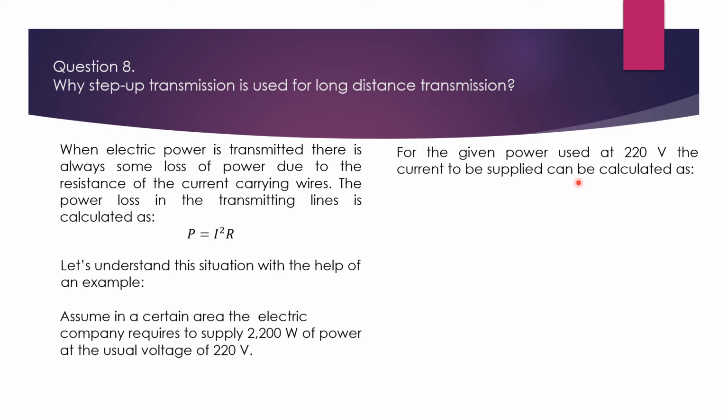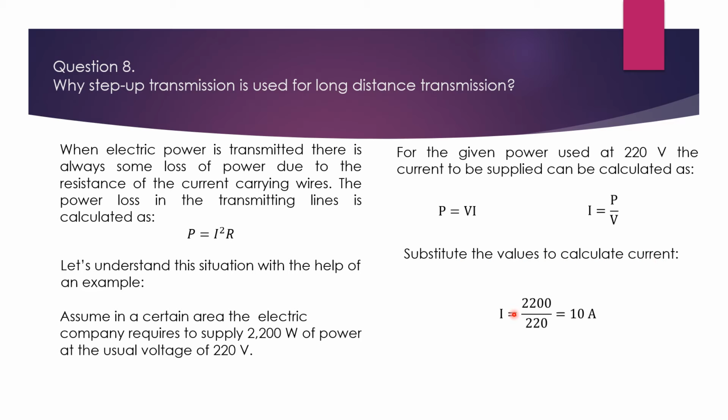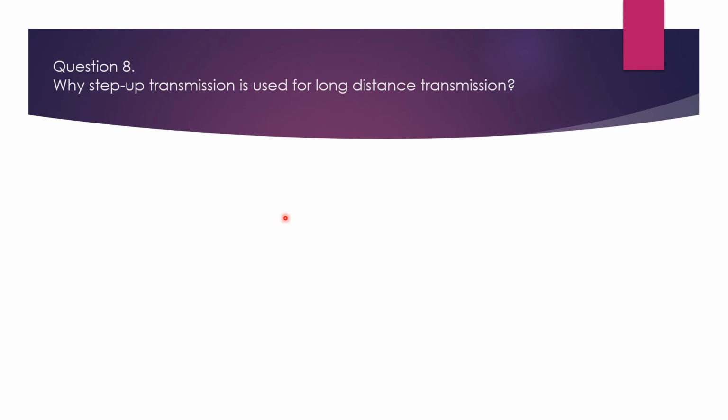For the given power used at 220 volts, the current to be supplied can be calculated as P is equal to VI, or I is equal to P over V. Substituting the values, since power is 2200 watts and voltage is 220, this gives us 10 ampere of current. That 10 amperes of current will be transmitted at 220 volts.